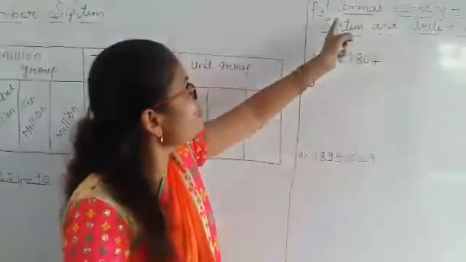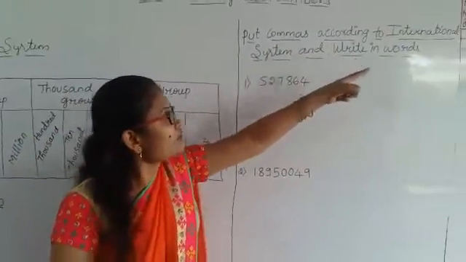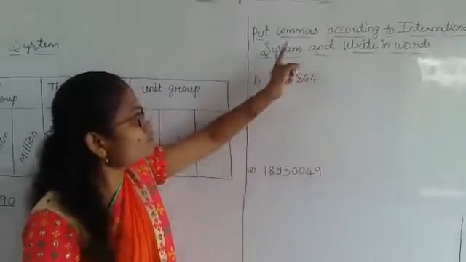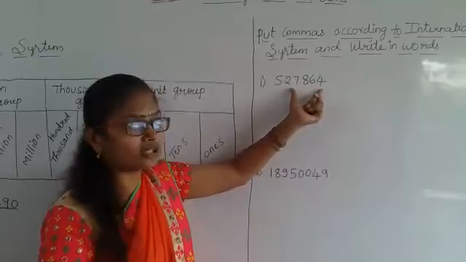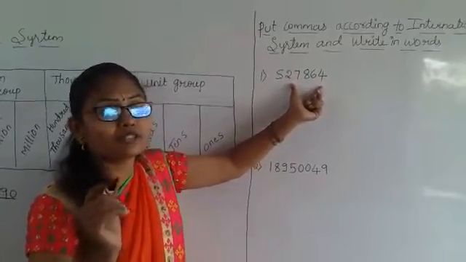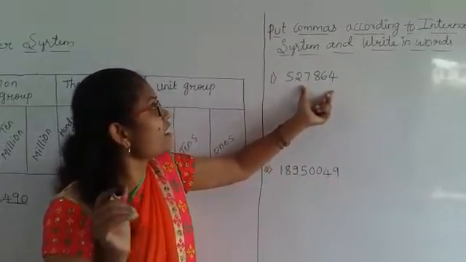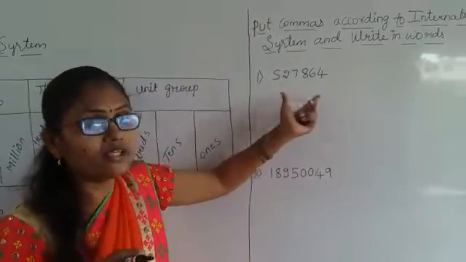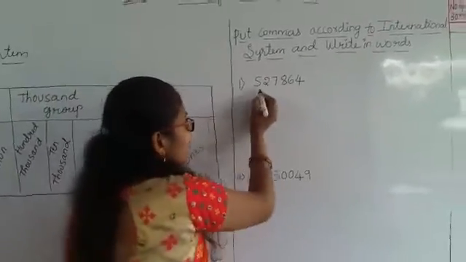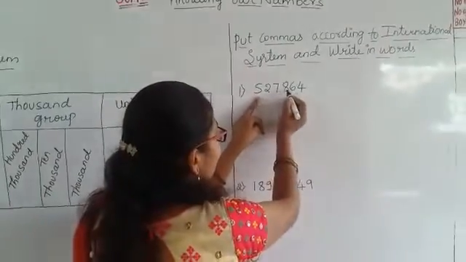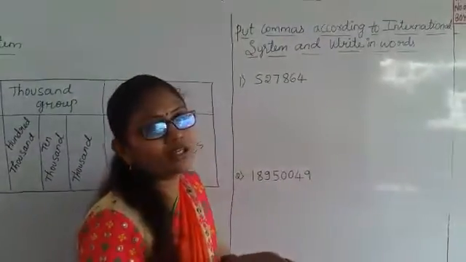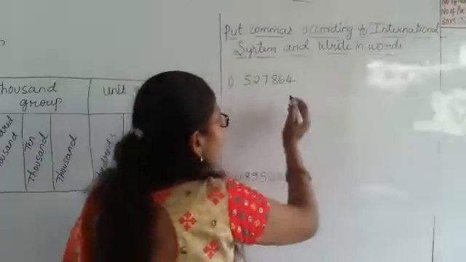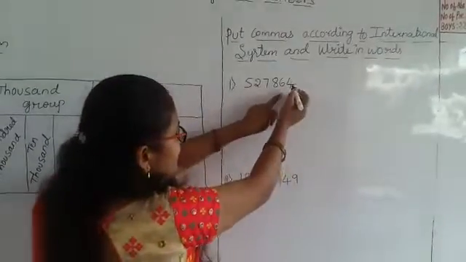Now next, put commas according to the international system and write in words. We have to put commas for this number according to the international number system, and write the given number in words. The first number they gave is 527864.